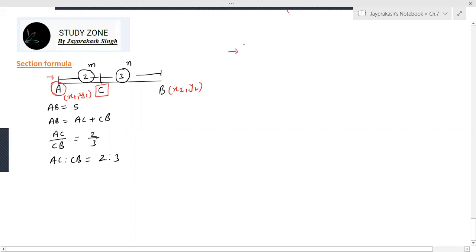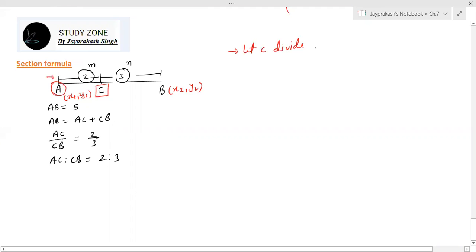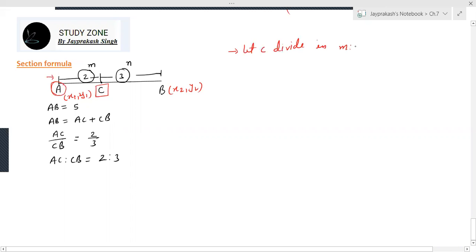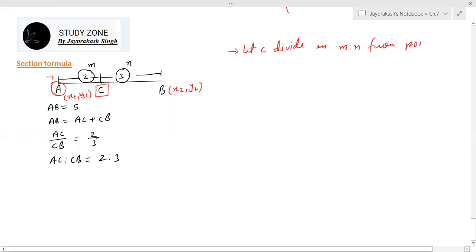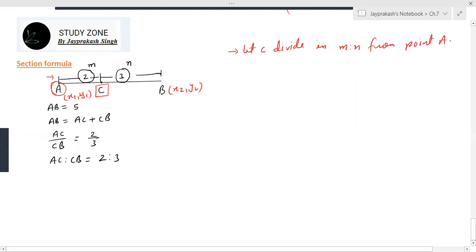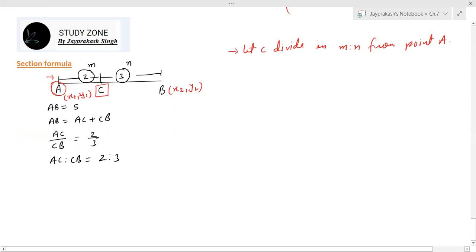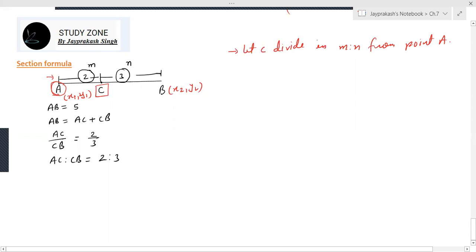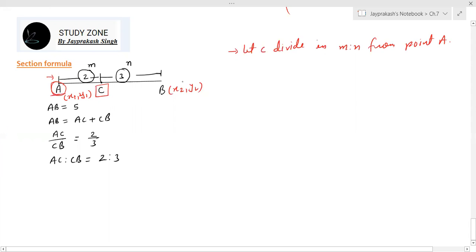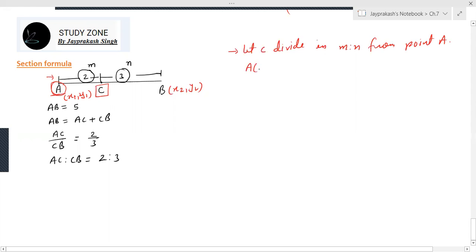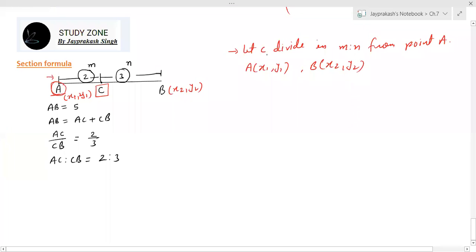So we will write here, let C divide AB in m is to n from point A. So from whatever the point we are taking, the given point is divided, then we will consider that point as the coordinate of x1, y1. So we have A as x1, comma y1, and the second endpoint we will consider x2, y2.